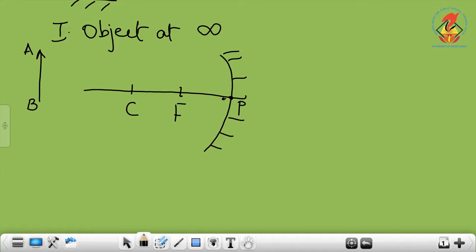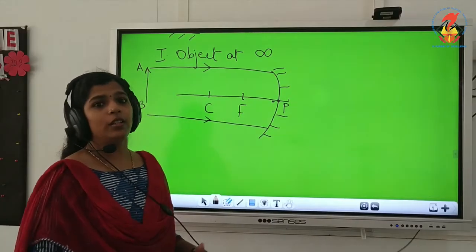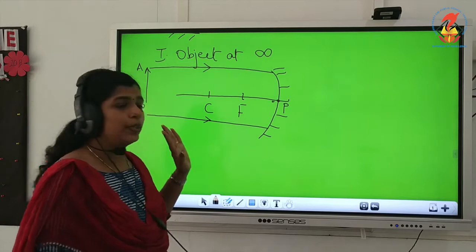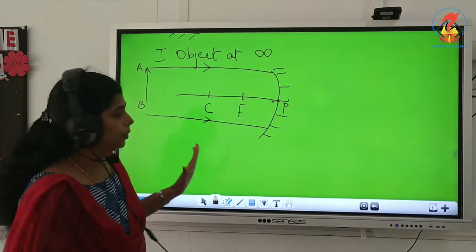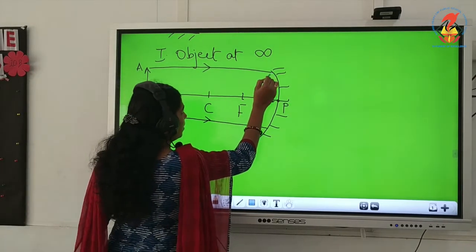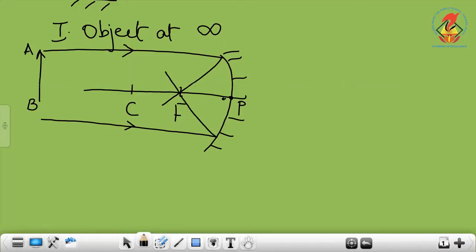Now, I will draw two light rays, both parallel to the principal axis. After reflection, they will meet at the principal focus of the mirror. This one will bend downwards, this one will bend upwards. It changes the direction, not bending.